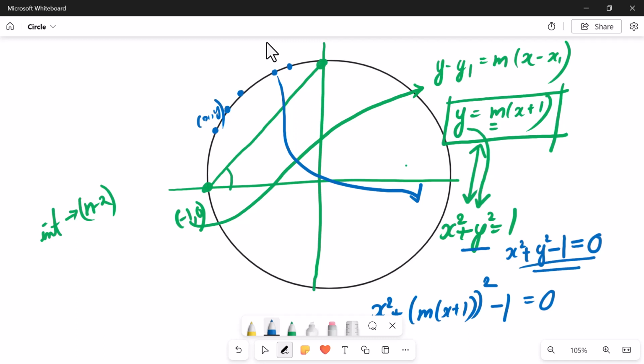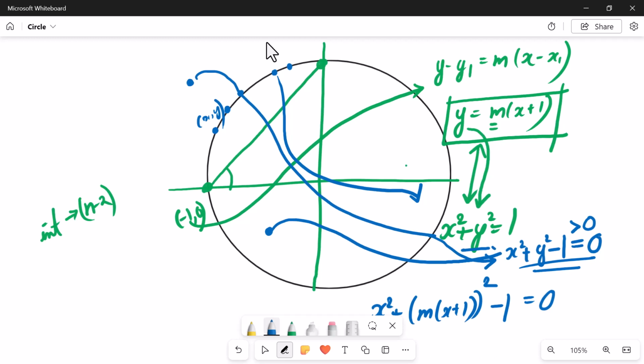Now if you take any point that is outside the circle and substitute its coordinates in the equation of the circle, the value will come out to be positive. And if you take any point inside the circle and substitute its coordinates into this expression, the value will come out to be negative.